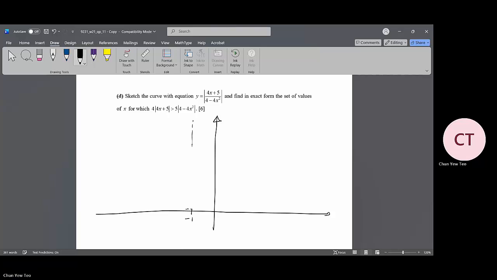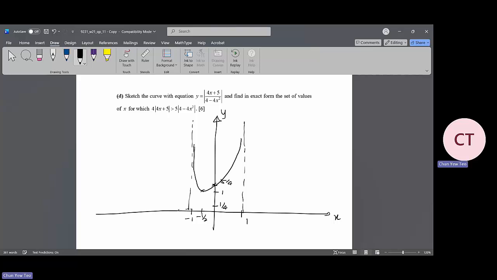This is the x, this is the y, this is the 1 over 4, this is a 1, this is a 5 over 4, this is a negative half. Your graph will pass through to show the features.